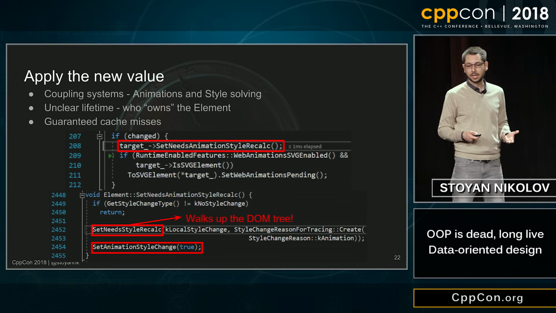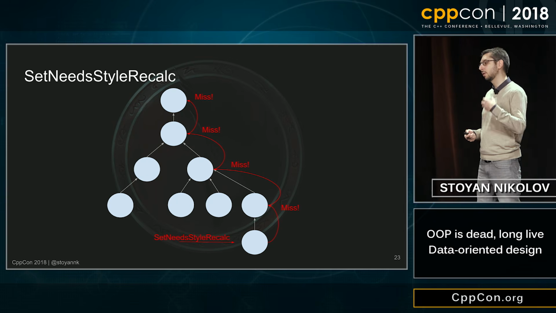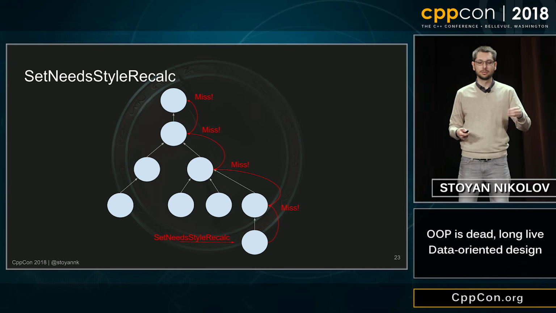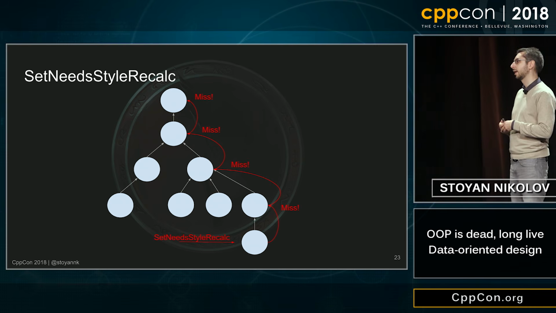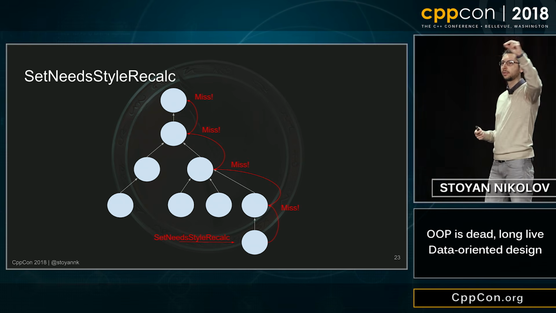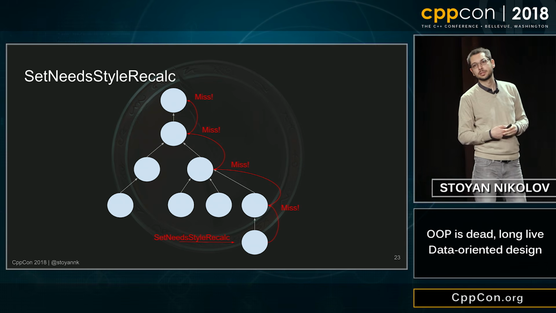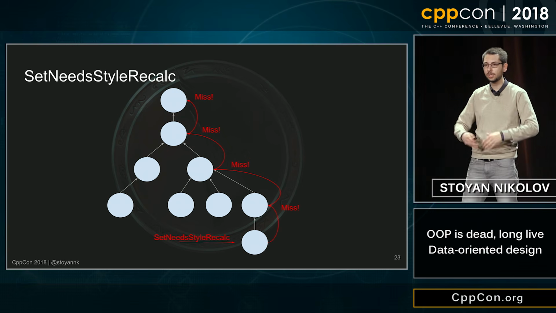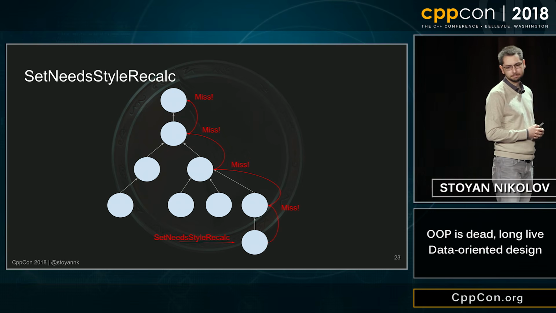And we're indeed paying a big cost because SetNeedsStyleRecalc, which is called there, actually walks up the document object model tree for every element and sets a Boolean. And on each call up this tree, we'll very likely be getting a cache miss. So we were doing simple animations, now we're walking up the DOM tree. We're again changing the context of our program.